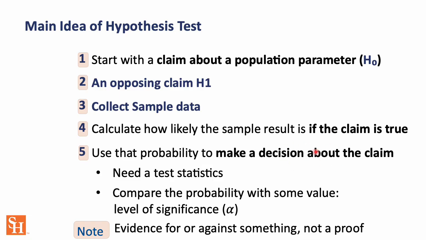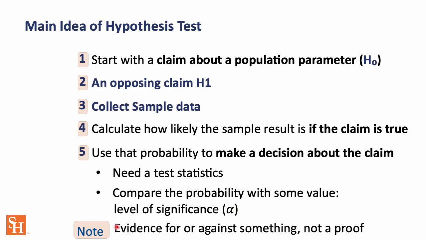And to do that, we need a test statistic. We'll discuss that later. Using this test statistic, we calculate some probability and compare it with another value, which is known as the level of significance. We will also discuss that later.